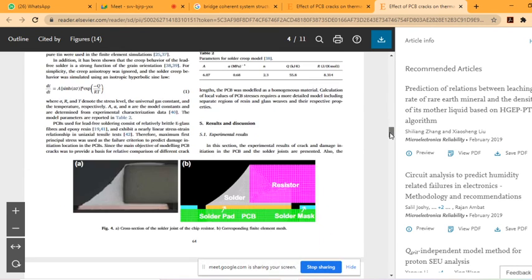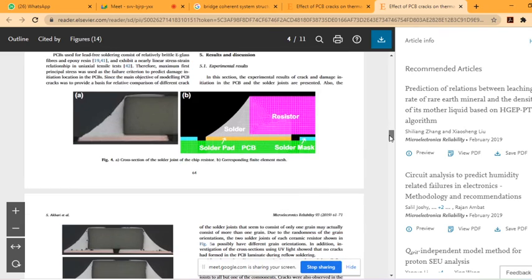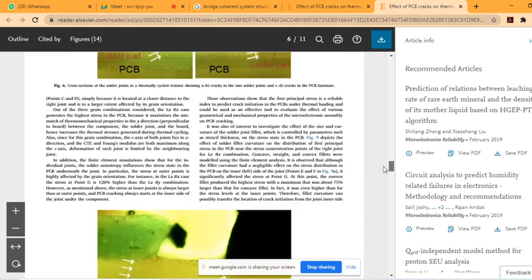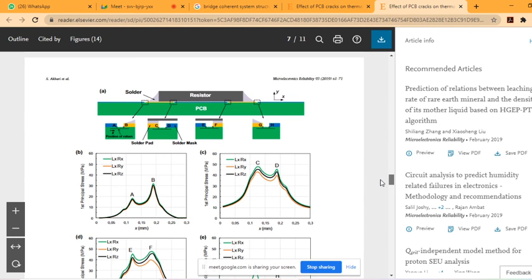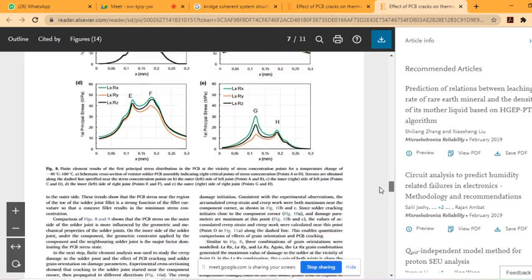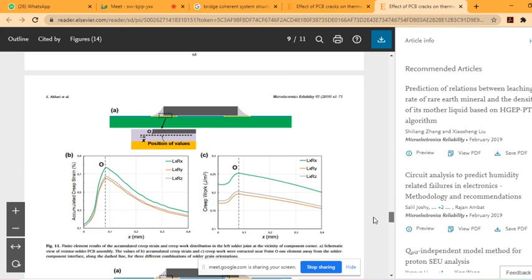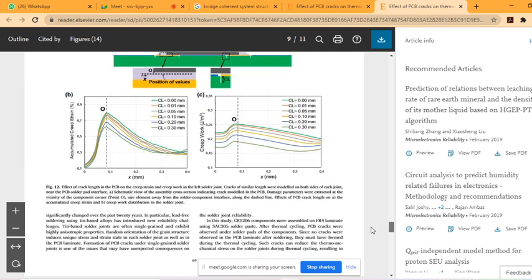So these are some resistor slides they have analyzed. This is the structure function they have analyzed. Analysis and results are given.